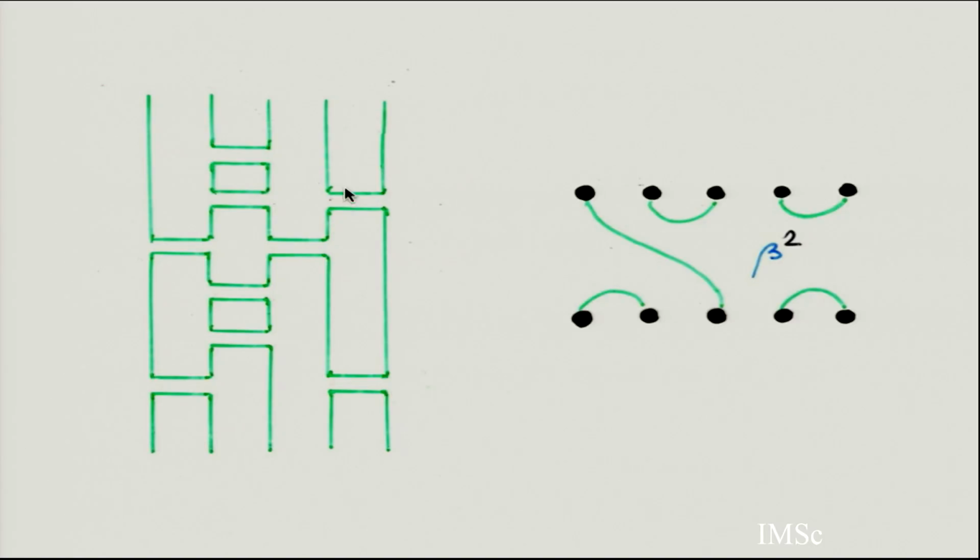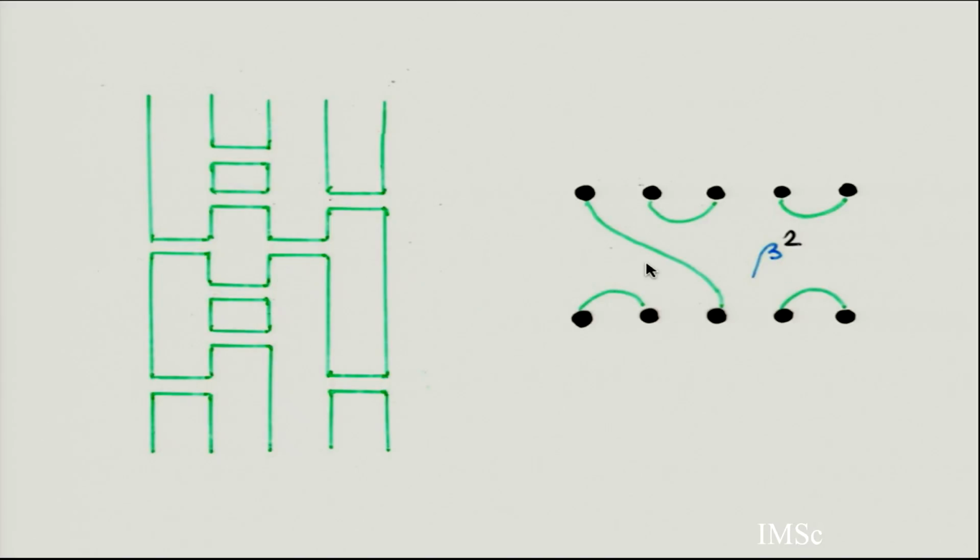For example, this line goes to this. You take all the connected components. This line, if you follow the green line, then you go like this, and here. So this green line will give this one. These two lines will give this one, and these two here, and then the loops disappeared.